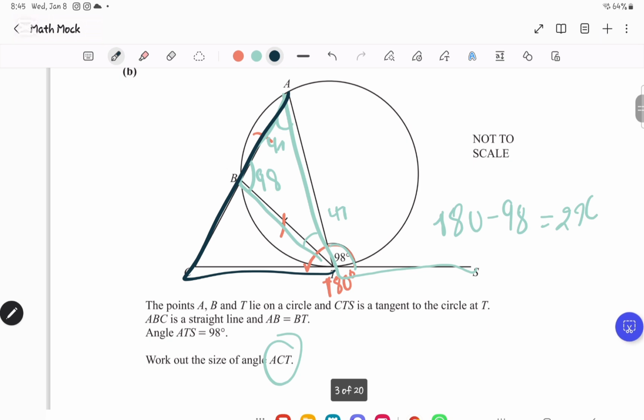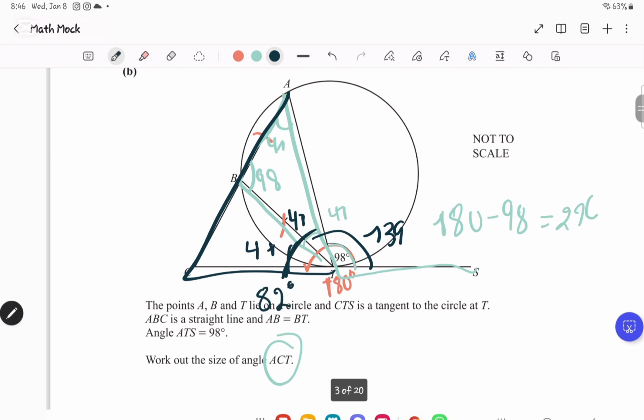Very simply, if we have this one over here being 41, we can find this angle over here. It's going to be 98 plus 41, so all of this is 139. To find this, it becomes 180 minus 139, and it will give us also 41. So that makes this angle in total 82 degrees.